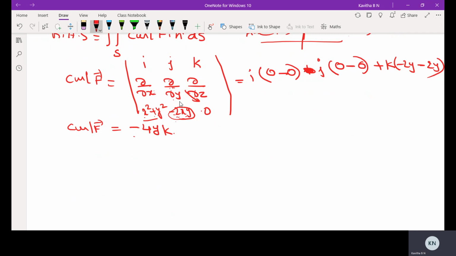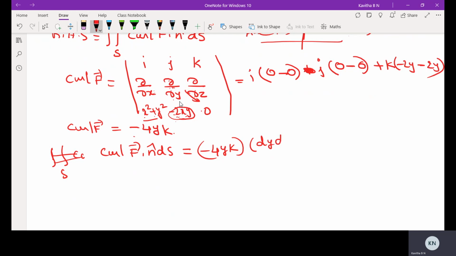Next, we need to find the integral of curl F dot n cap ds. The curl of F is minus 4yk. Then n cap ds is dy dz i plus dx dz j plus dx dy k.